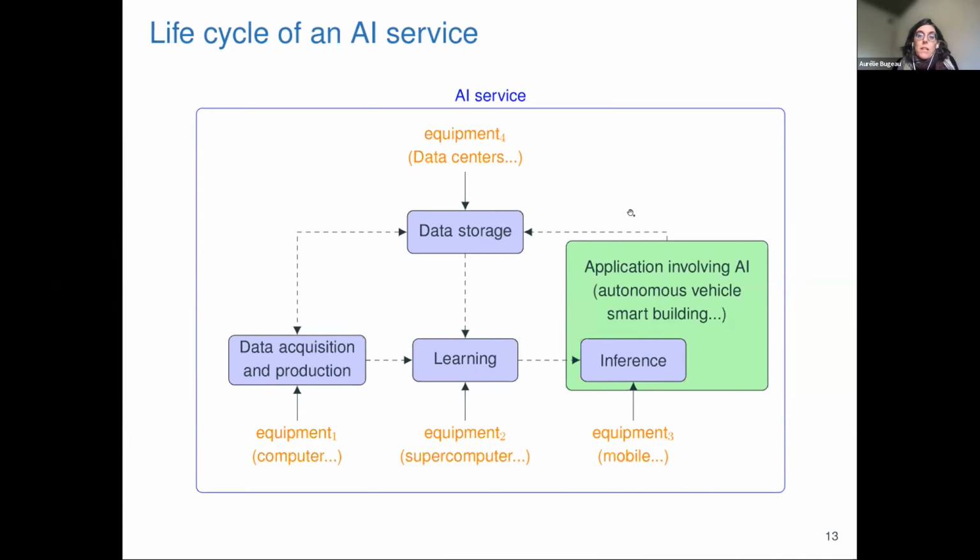These are usually small parts of a bigger AI application, such as autonomous vehicles, smart buildings, or any other application. So in fact, what I showed before was just looking at the energy consumption of the training phase. No one has really been looking at the impacts of all the other phases.